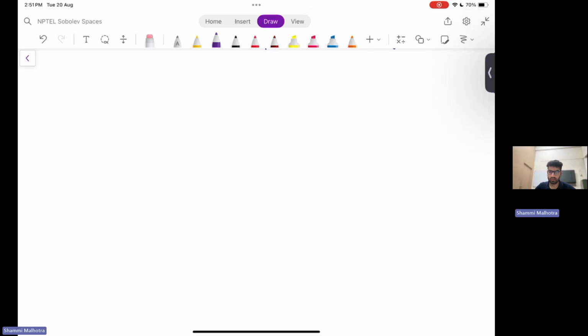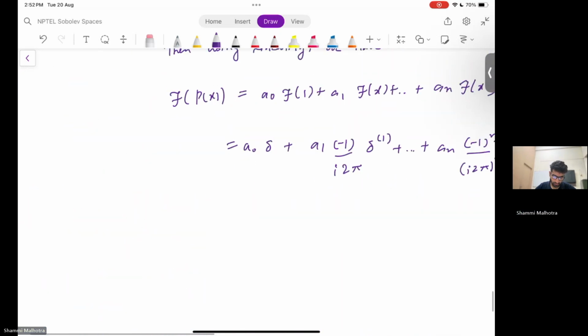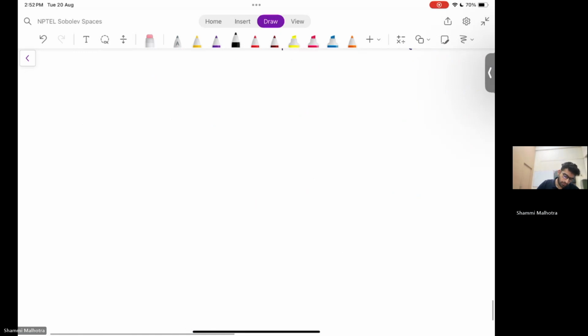So you guessed it right: the function we are talking about is the principal value of 1 by x. We would like to see the Fourier transform of this particular distribution.